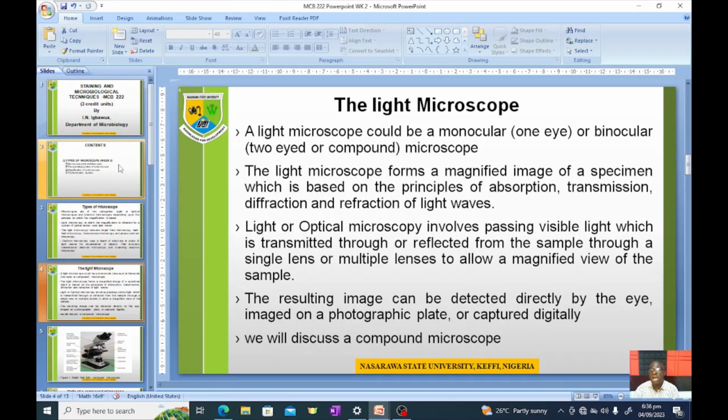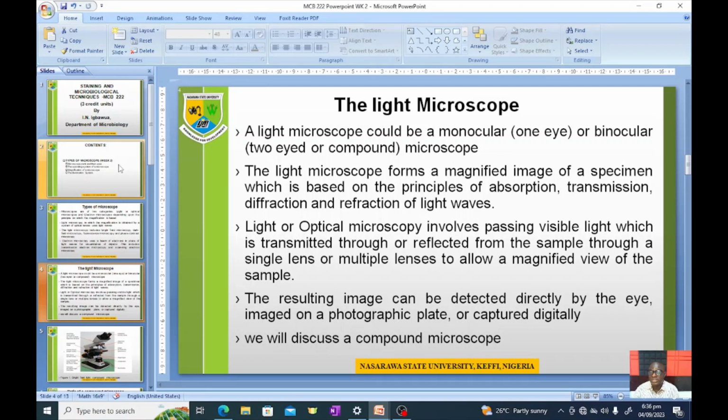two-eyed or compound microscope. The light microscope forms a magnified image of a specimen, which is based on the principles of absorption, transmission, diffraction, and refraction of light waves.